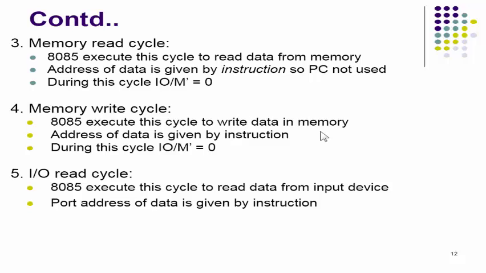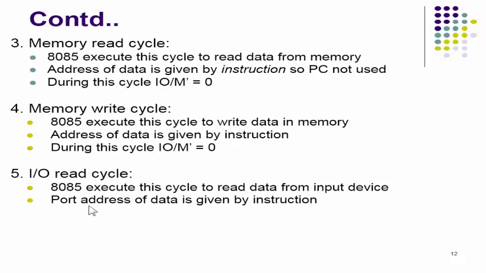IO read cycle is to read the data from the input peripheral or input device. So 8085 executes this cycle to read the data from an input device. In 8085 the instruction to read the data from the input device takes an 8-bit port address. Listen again, an 8-bit port address. The IO related instructions we will discuss in detail in IO peripheral interfacing.